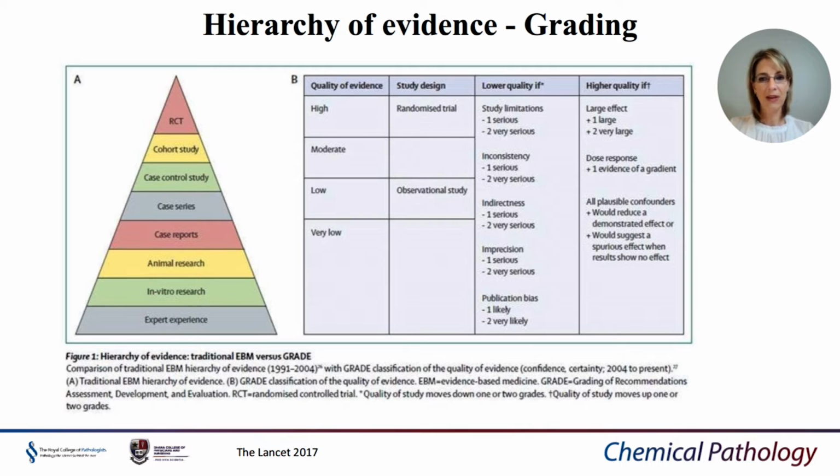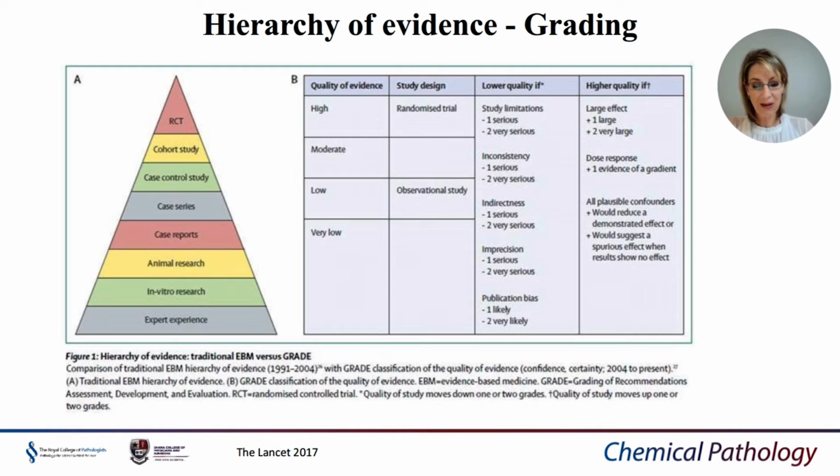The hierarchy of evidence was then used to set up a grading system. So in the early 2000s, the Grading of Recommendations Assessment, Development and Evaluation, or GRADE, working group was developed, and they developed a framework in which the certainty in evidence was based on numerous factors. These factors were not based solely on the study design, which challenged the pyramid concept.